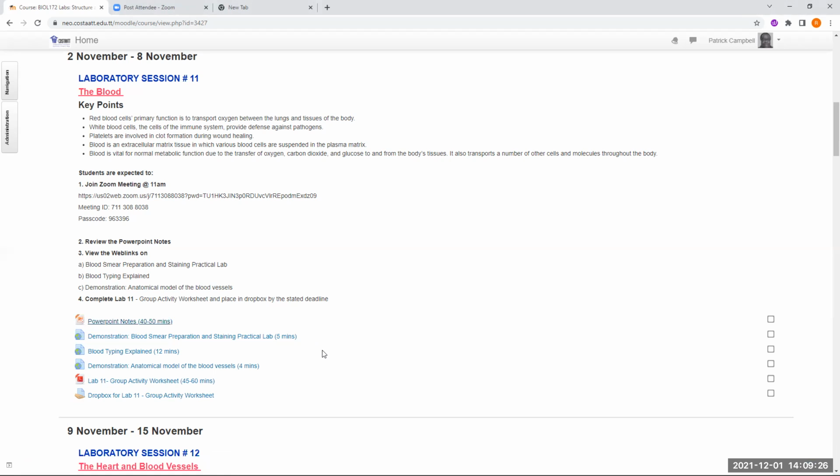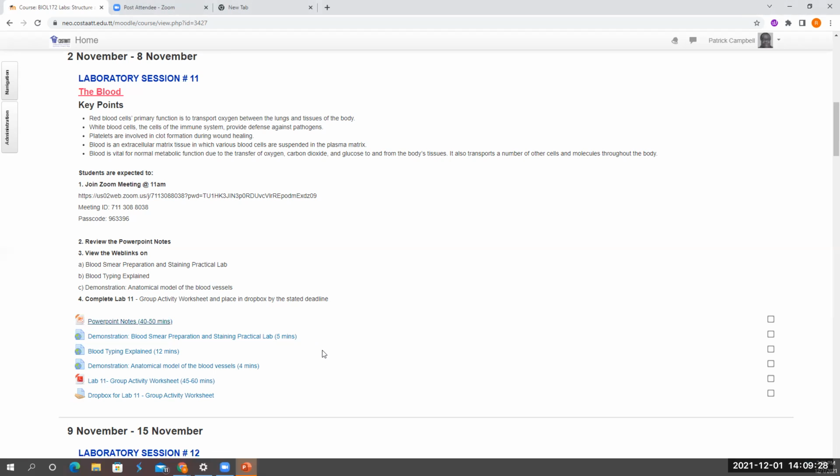In terms of blood vessels, you should be able to identify veins and a smaller portion, venules, arteries, arterioles, and capillaries.